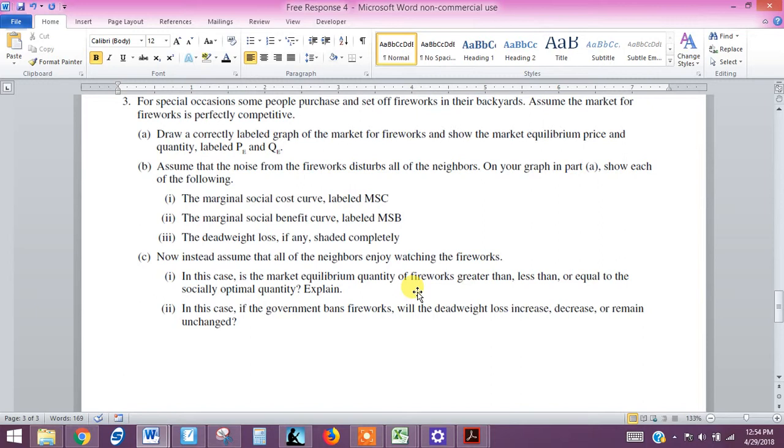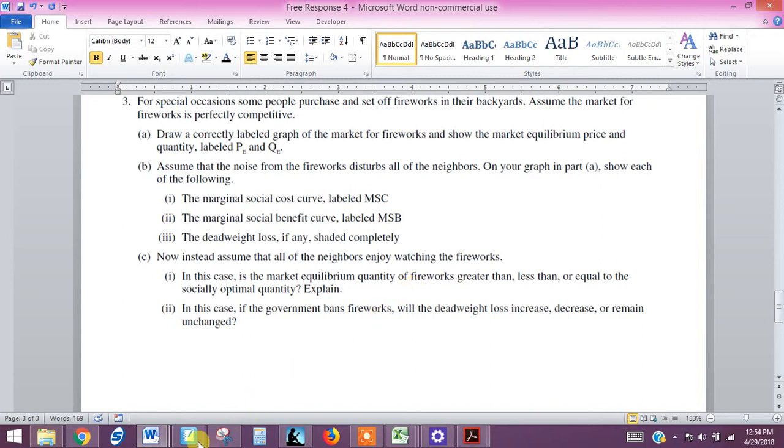So this is a little bit confusing, so I'm drawing a second graph to show you better what this would actually look like. The thing to keep in mind here is if there is a positive externality, that is going to mean that the marginal social benefit is actually higher than the marginal private benefit, which is different from the negative externality.